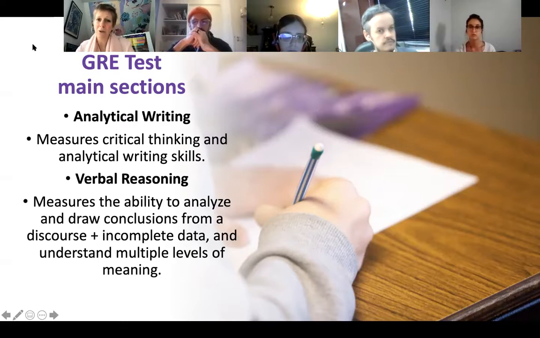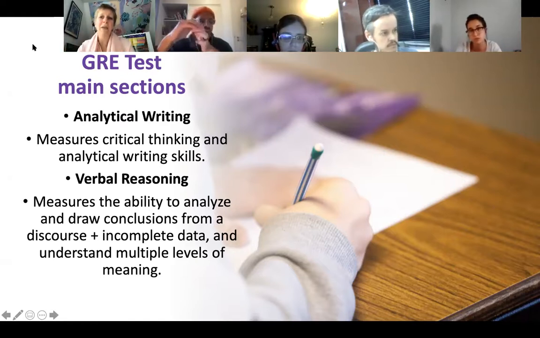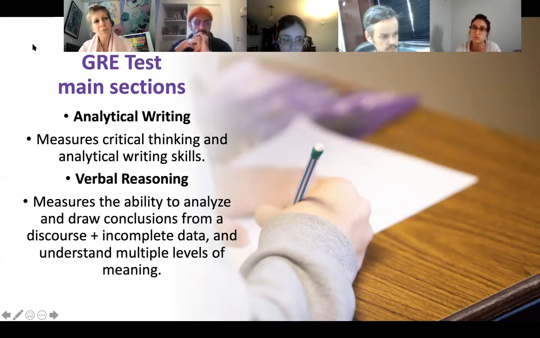It's going to measure your ability to analyze and draw conclusions from a discourse, all right? It's also going to see if you can make conclusions from incomplete data, all right? And also ask you to understand multiple levels of meaning.